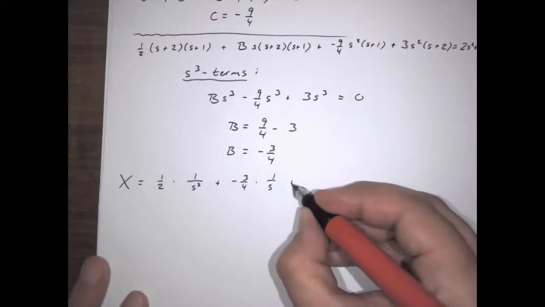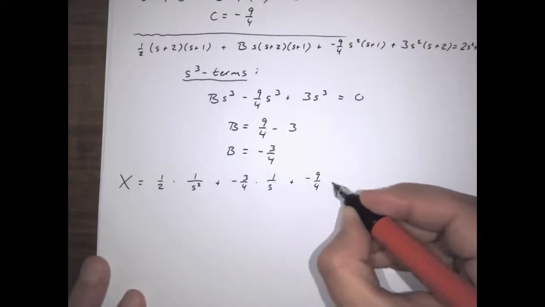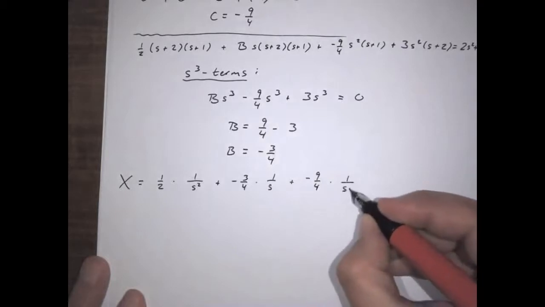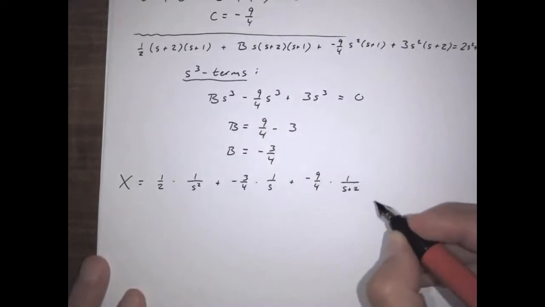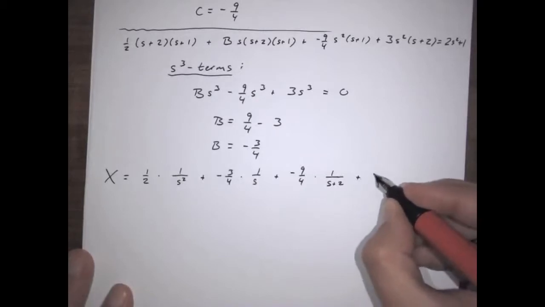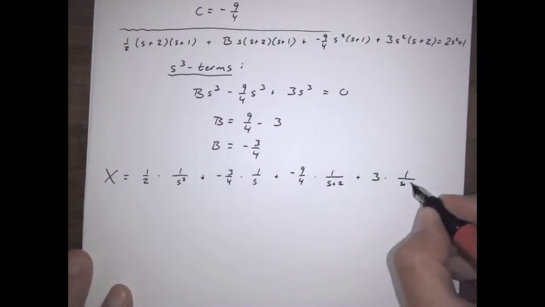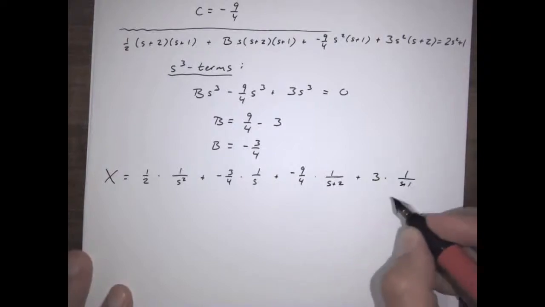And then we're going to have c, which was negative 9/4, and that's going to be times the 1/(s plus 2) term. And then we're going to have plus the d, which was 3 times the 1/(s plus 1) term.